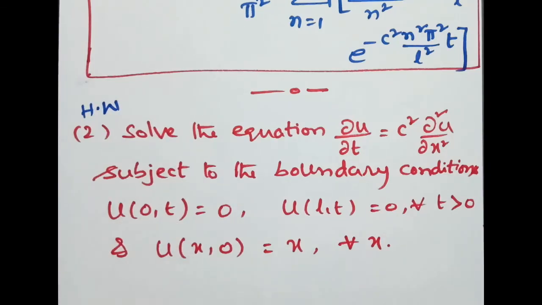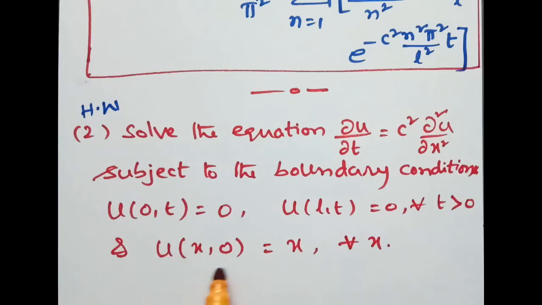Solution is the same as in problem number 1. Up to equation number 4, there is no change in the solution. You just copy the solution from the beginning till equation number 4 with a simple modification.